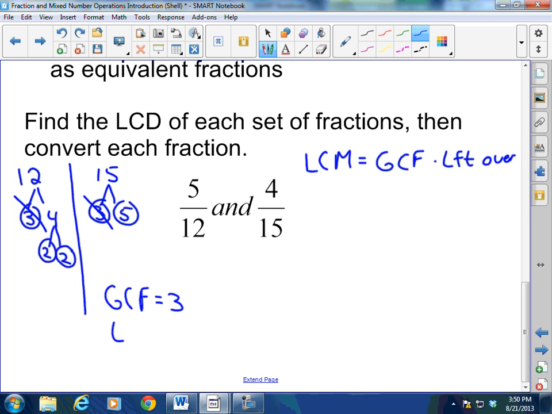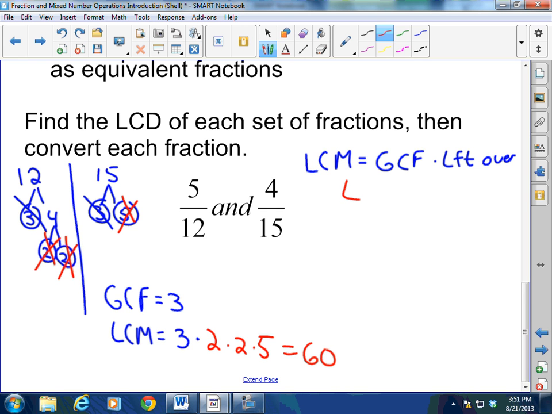My LCM is going to be the GCF of 3 times, I'm going to do the leftovers in red so you can really see what I'm doing, times a 2, times another 2, times a 5. So my LCM is going to be 60. That's my LCM. So that's the first part. So my LCM equals 60.